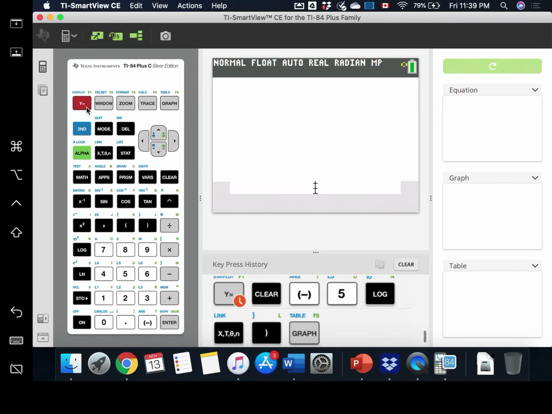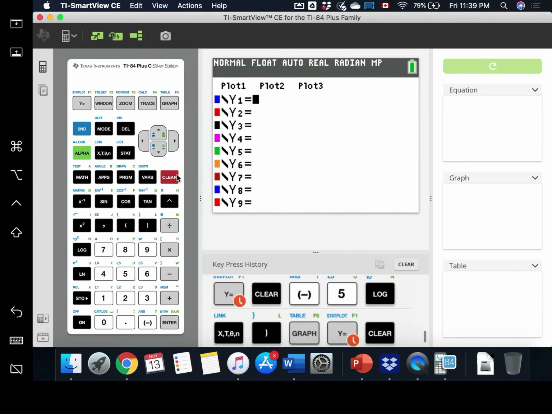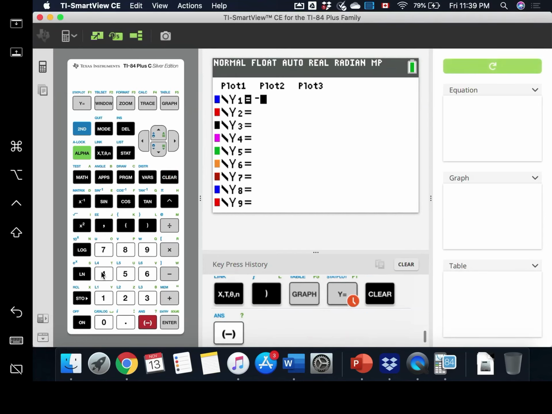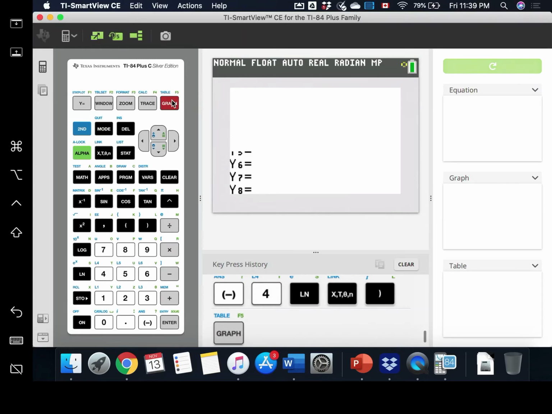So you're going to go to y equals, clear whatever's there. You're going to write negative 4, and then this is your ln button. That's what it's called, ln. So this is when you're doing financial situations, usually they use that base e, so that's why this ln will help you solve for that. So you press ln, and then in brackets, you're going to put that x, close the bracket, graph it.